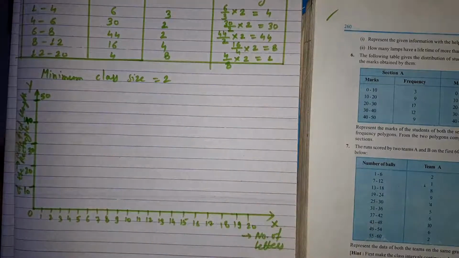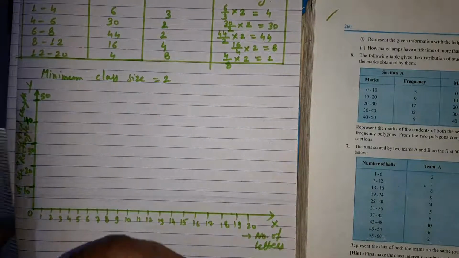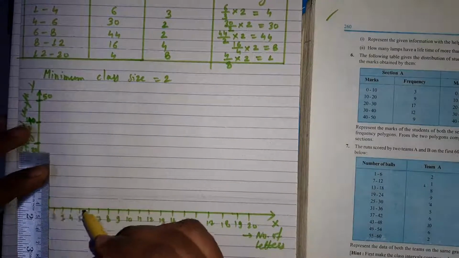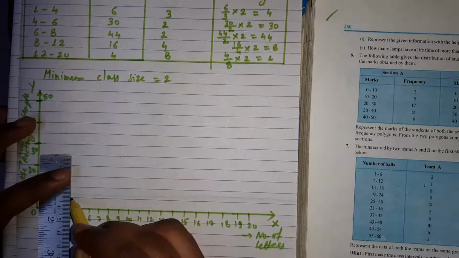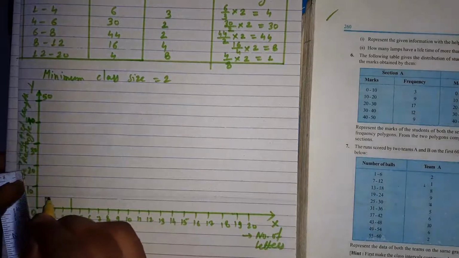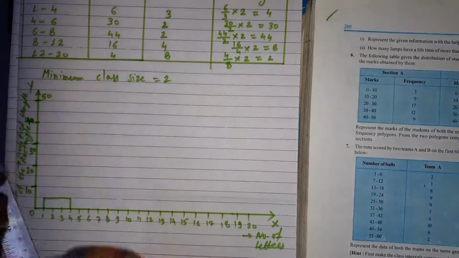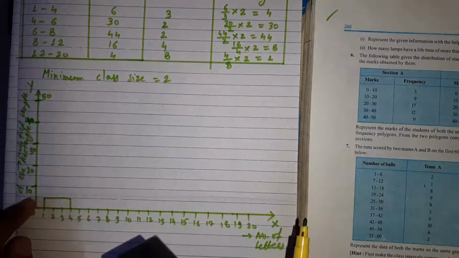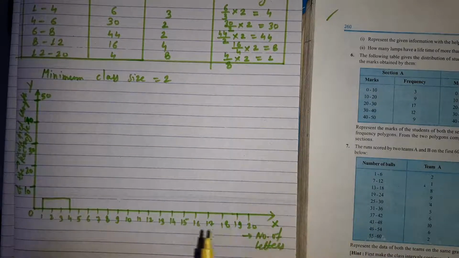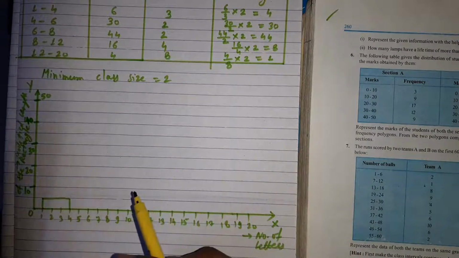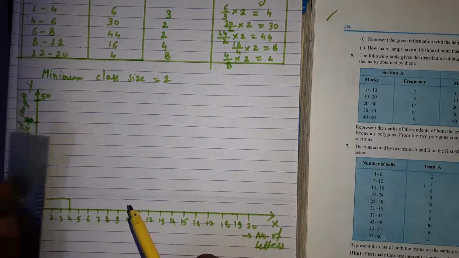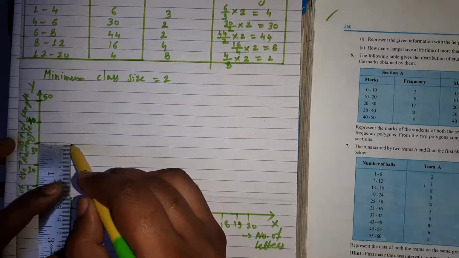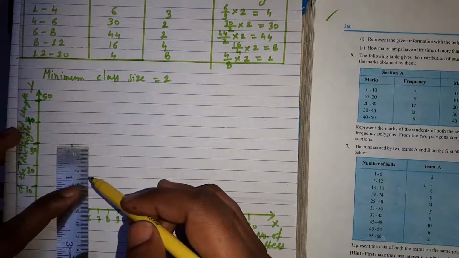So this is for the class interval 1 to 4, and the modified length of the rectangle is 4. For the next class interval 4 to 6, the modified length of the rectangle is 30, so we can find the exact value on the graph.